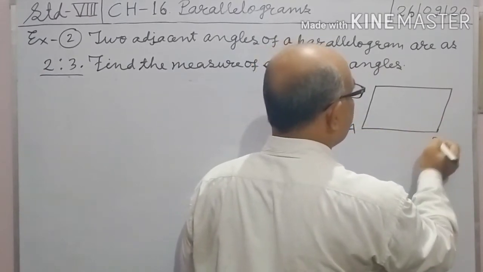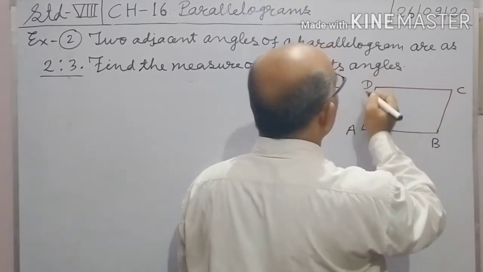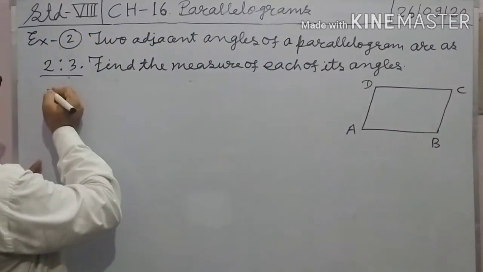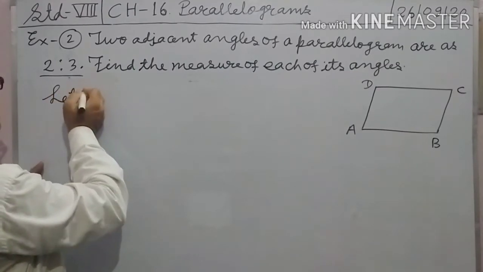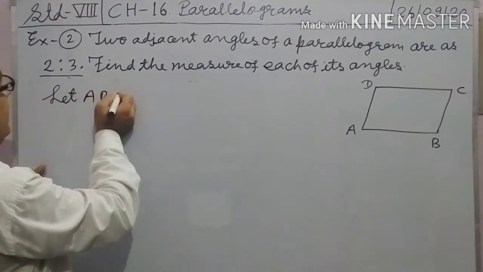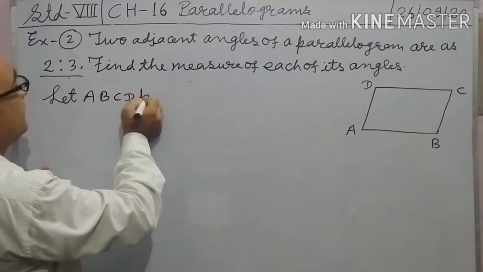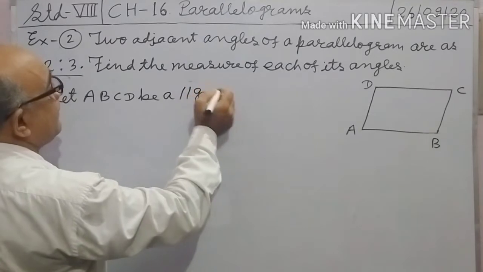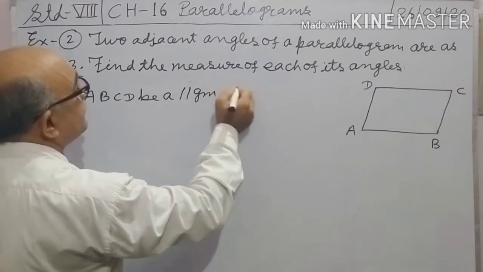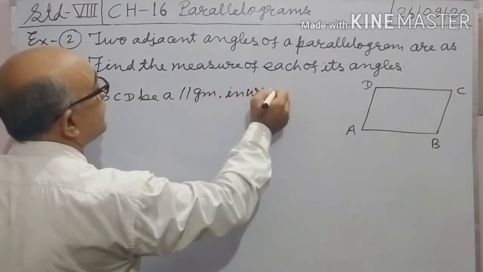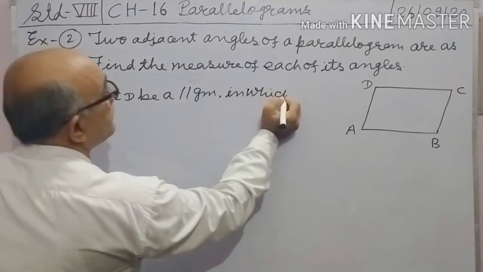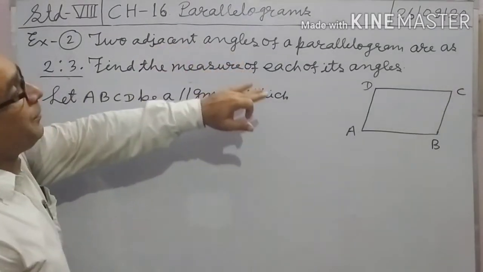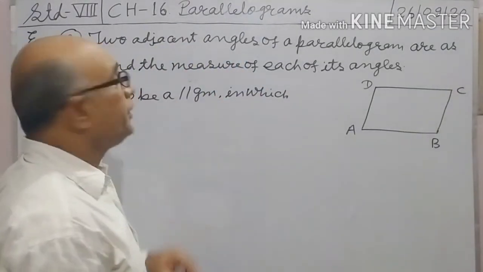Let ABCD be a parallelogram in which adjacent angles are as 2:3.